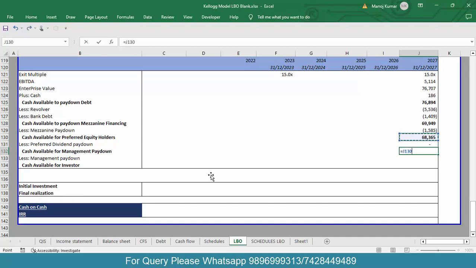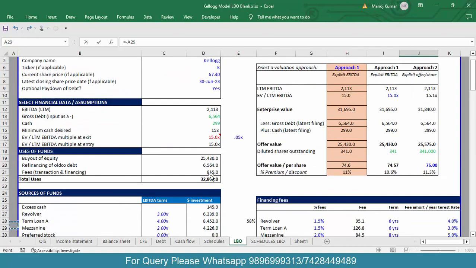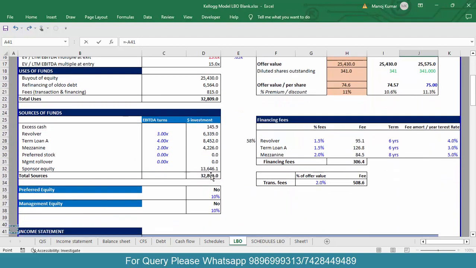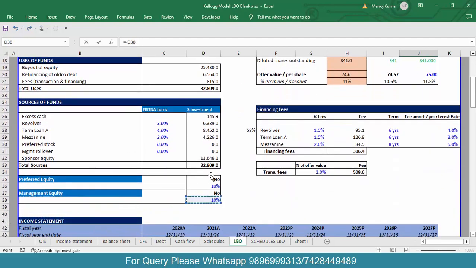So this plus this. After that we need management pay down. Again for this equal to minus, come above. Here we have an option which says that we have to pay 10% to management if we have this condition before acquisition, right?